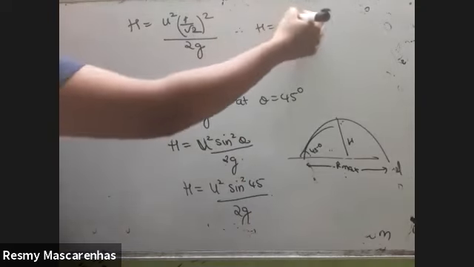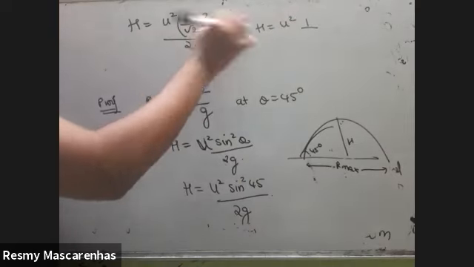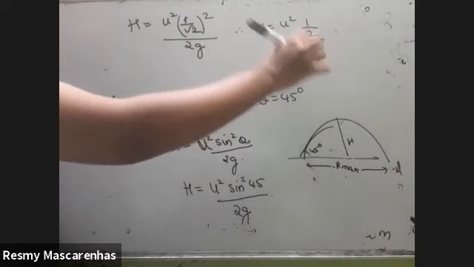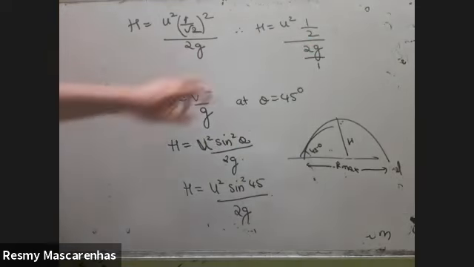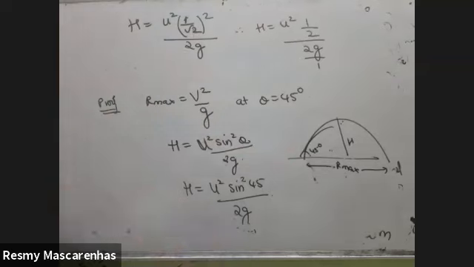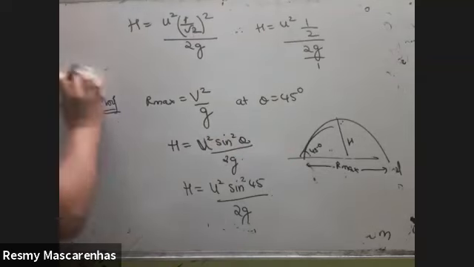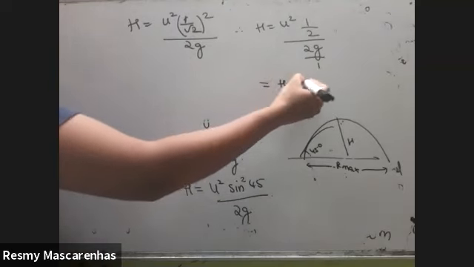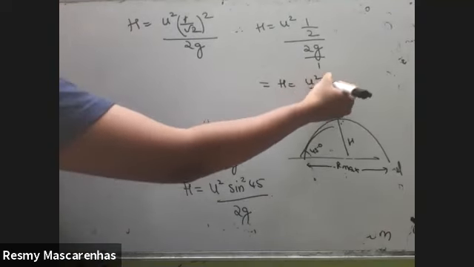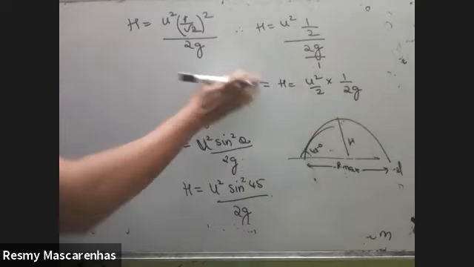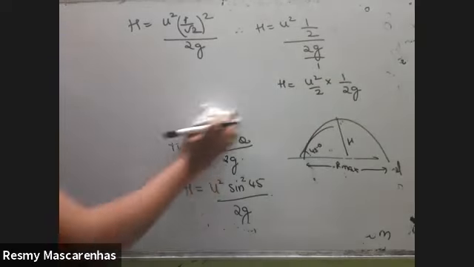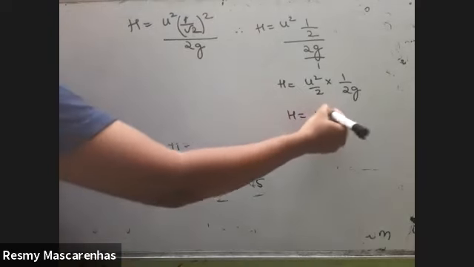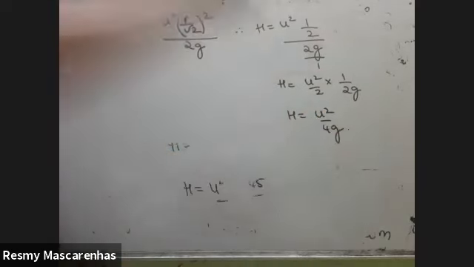Square both the terms. So 1 square is anyway 1, root 2 square is 2. So this will reverse. So what will we get? u square upon 4g.